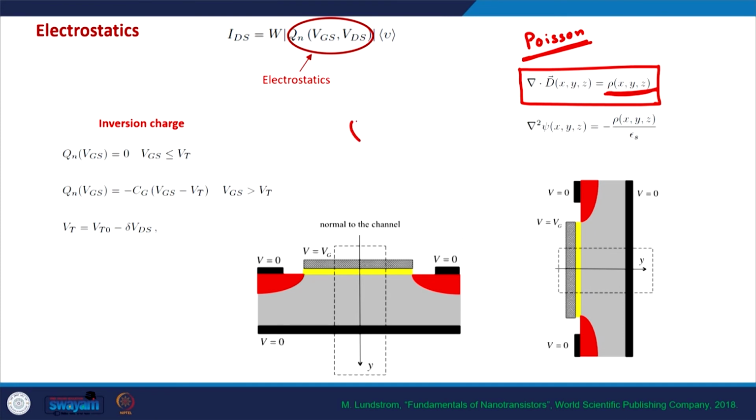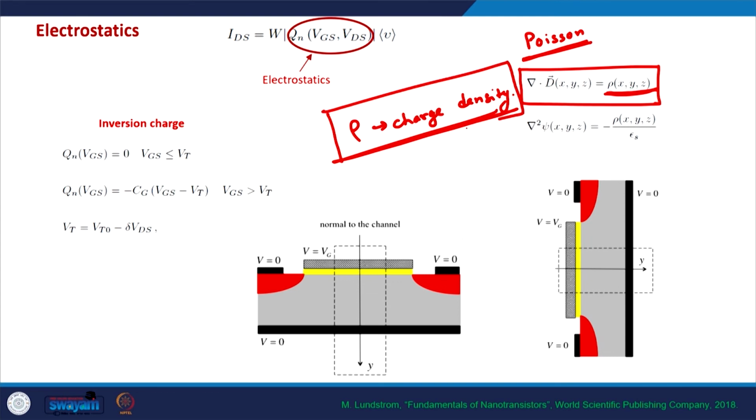So if rho is the charge density in a certain area of space, and here we are discussing the Poisson equation in very general terms, and this can be a function of x, y, z, so this can be any distribution of charge in the space, then because of this charge distribution, the displacement vector of the electric field will be related to it like this.